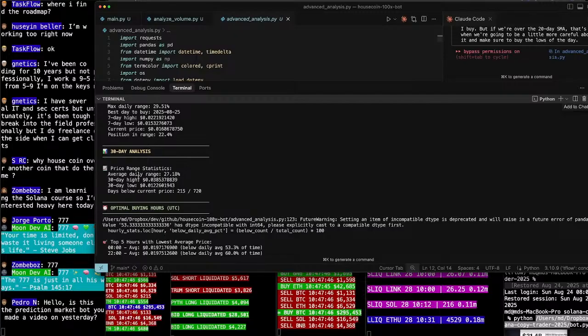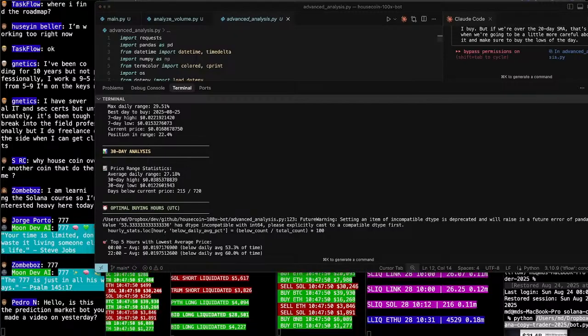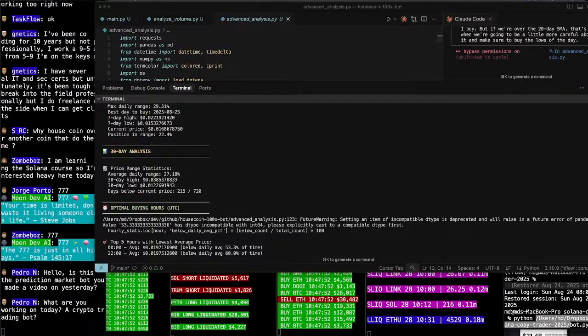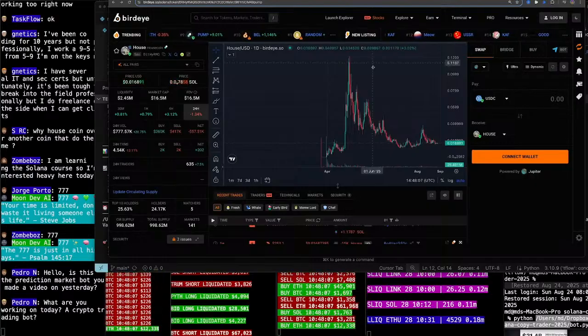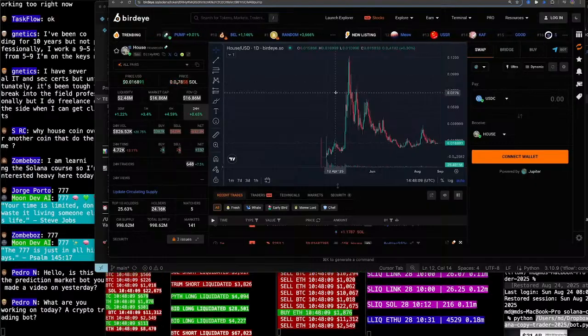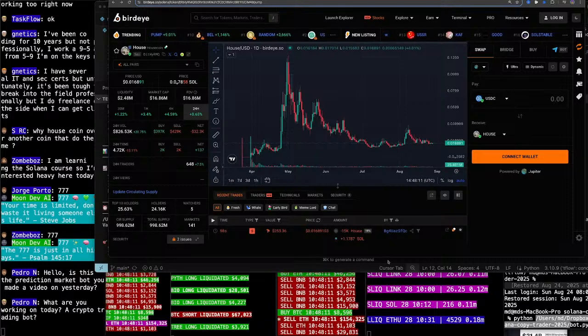Price range statistics, average daily range. Oh, I have another idea as well. I'm building a sophisticated dollar cost average trading bot. So I'm trying to scale in and buy as much of this supply as possible on this token.